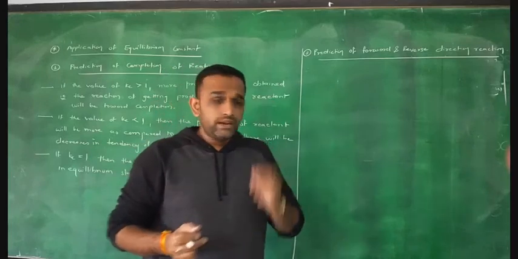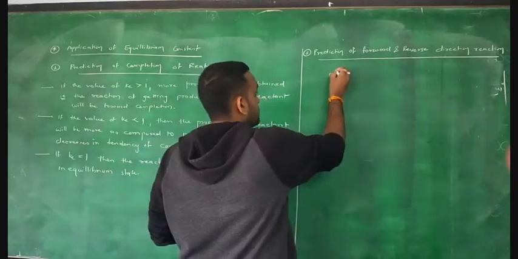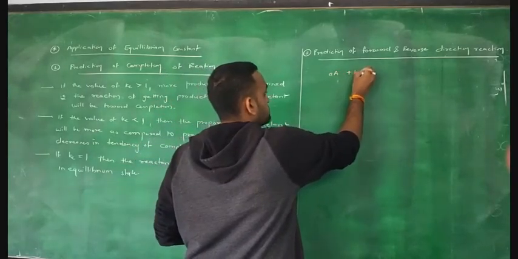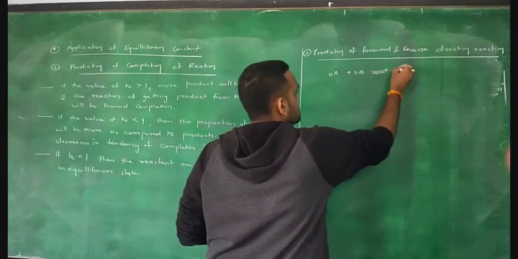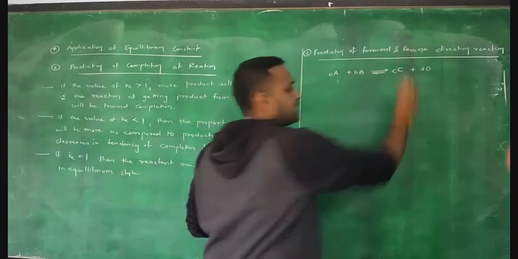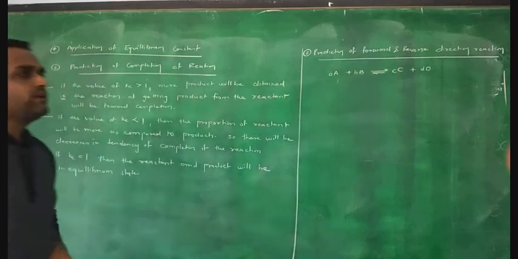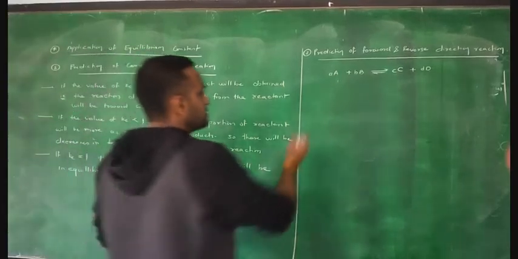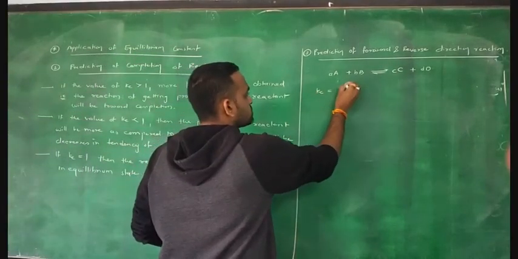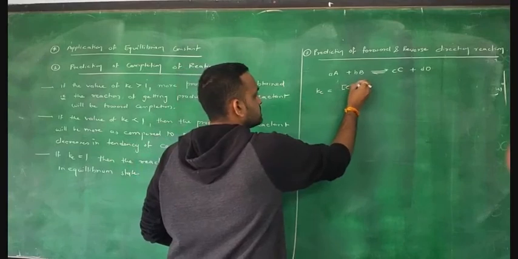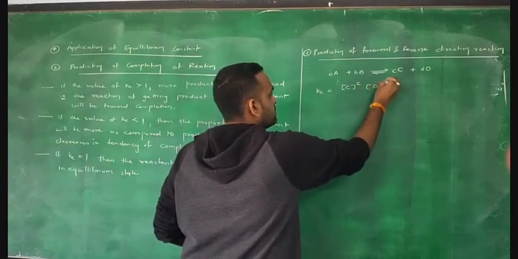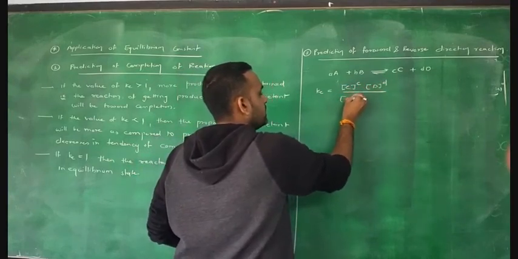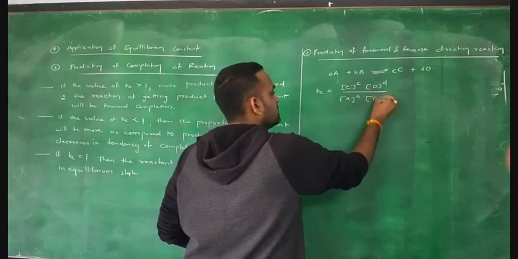Now let us suppose I write here the reaction. यहाँ पे देखो aA plus bB gives cC plus dD, एक reaction. Now if I want to write down the Kc, then how can I write it? Kc equals the concentration of C^c and D^d upon A^a and B^b.